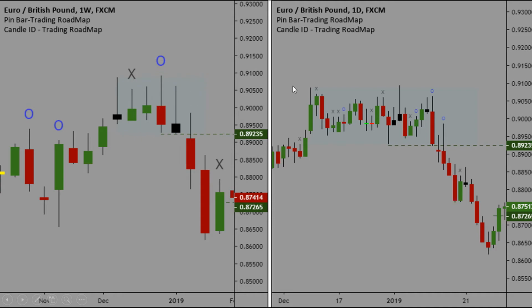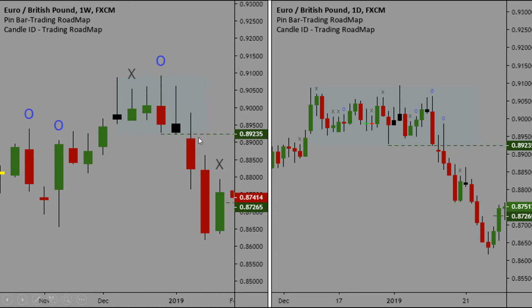If you go to the daily, it's really clear that we are in range. And then I highlighted this line here because when you have a pin bar from a higher time frame like this, and then it got triggered, then you're going to start looking.